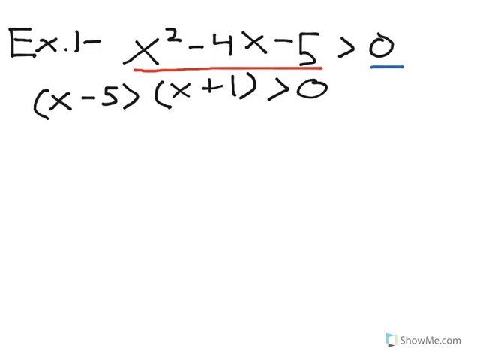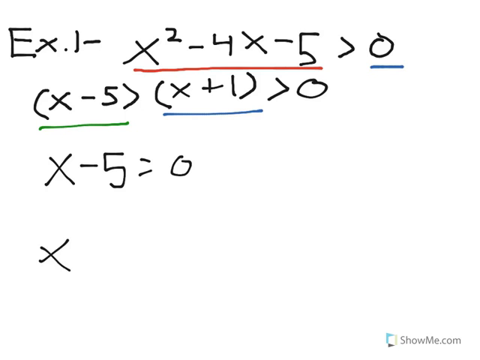Okay, so then you take each individual part and you're going to find where that is equal to 0. So x minus 5 equals 0, and x plus 1 equals 0. Add 5, minus 1, minus 1.